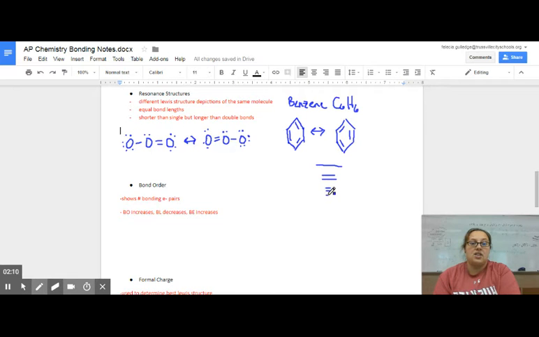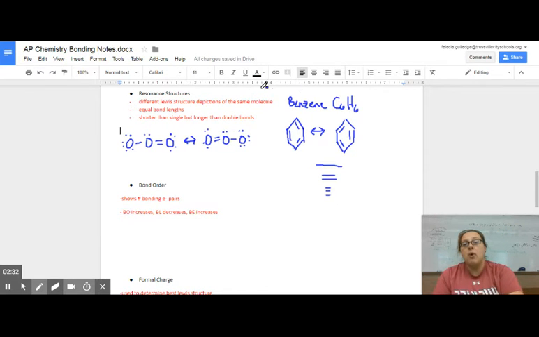As you decrease your bond length, you're increasing your bond energy. So that means it's harder to break those bonds, and if I'm forming that bond, more energy is released. So it depends on whether I'm breaking or forming the bond. The relationship is bond length goes up, bond energy goes down.